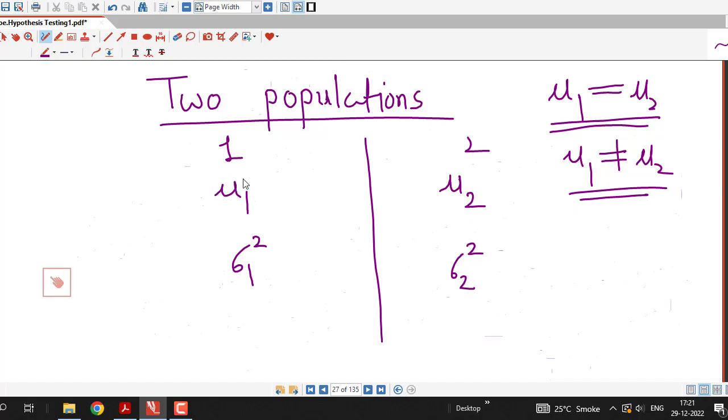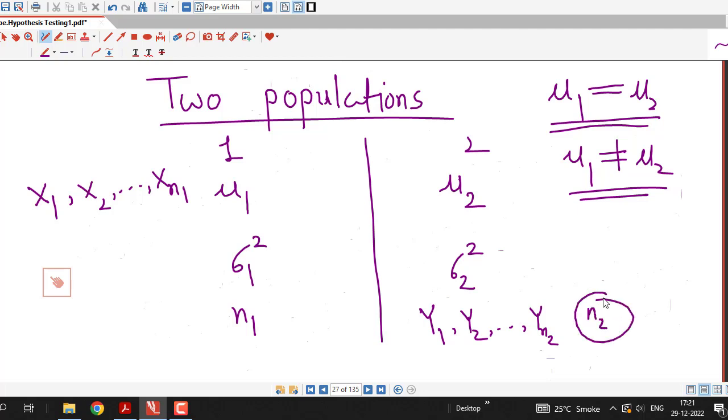Suppose x1, x2 up to xn1 is a random sample of size n1 from population 1, and say y1, y2 up to yn2 is a random sample of size n2 from population 2, and suppose we want to test whether there is any significant difference between the population means of the given two populations, whose means are mu1 and mu2 and variances or standard deviations are sigma 1 and sigma 2.